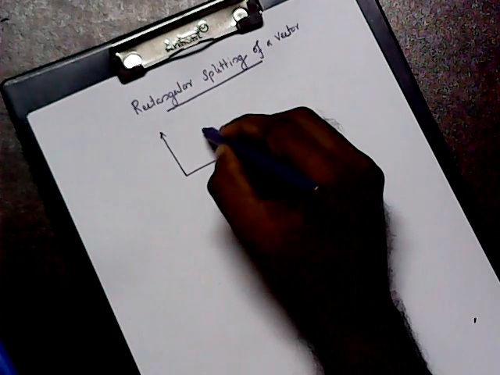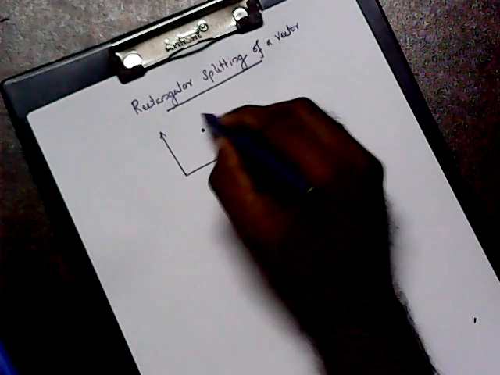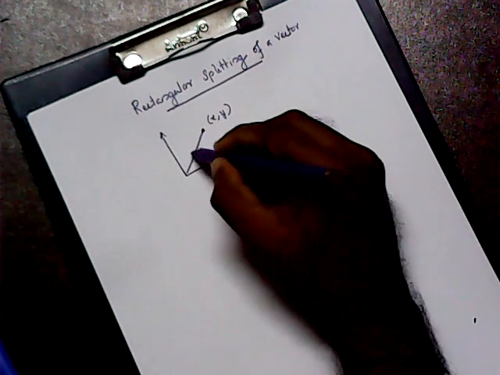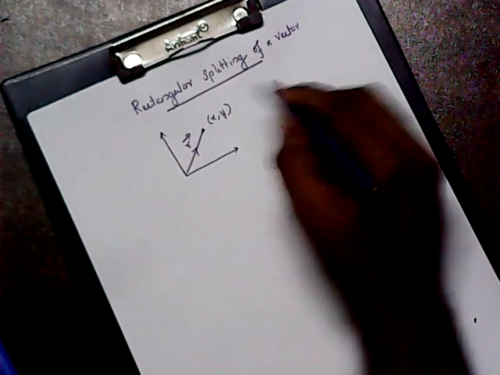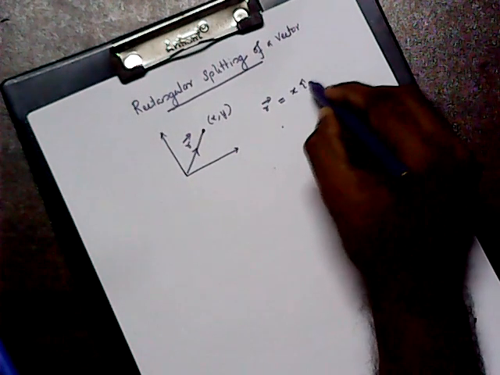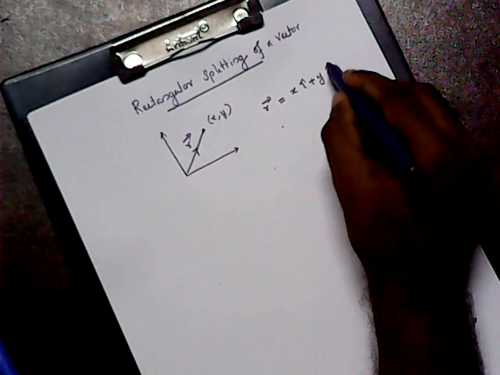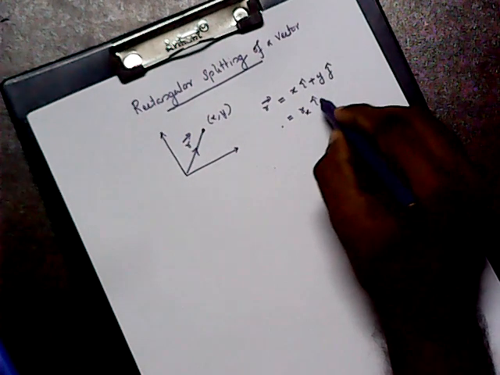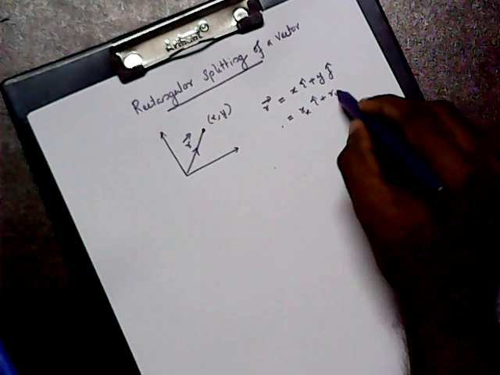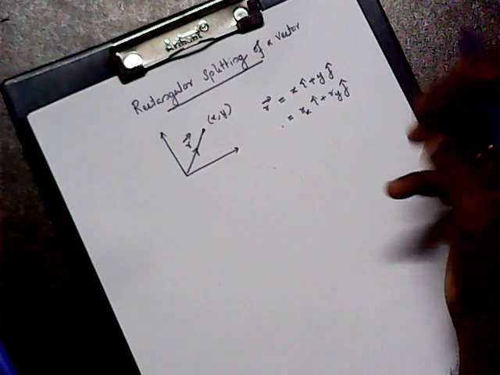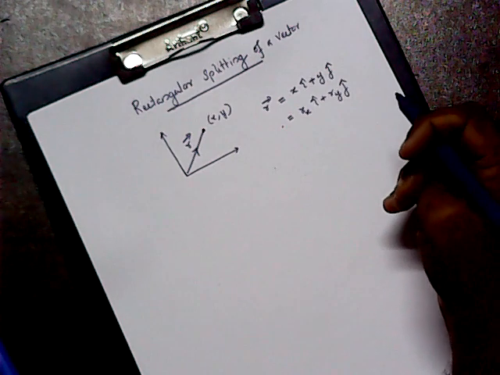Some position vectors are there with the coordinates x, y, and we label it as vector R, given as x i plus y j. But x is what? It is the x component of R, and y is what? It is the y component of R, so it can be written as Rx i plus Ry j.